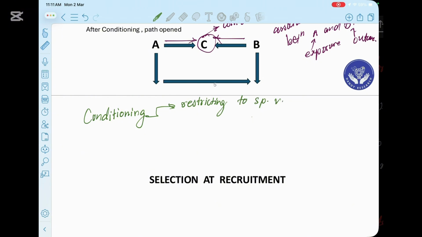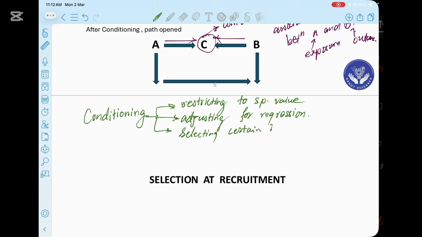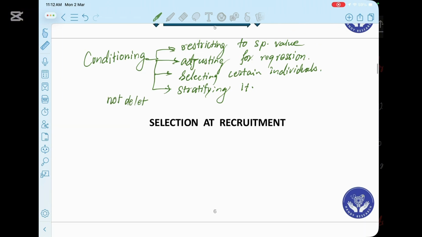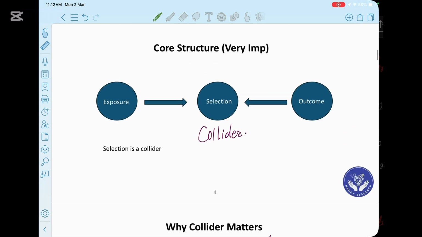What does conditioning mean? Conditioning means restricting to a specific value, adjusting for it in regression, selecting only certain individuals, and stratifying by it. It doesn't mean deleting it. It means fixing its value in the analysis. For example, if we analyze only hospitalized patients, then we are conditioning on hospitalization.